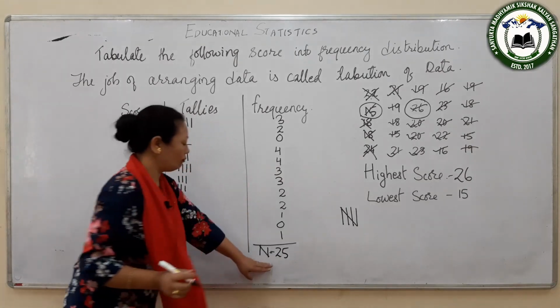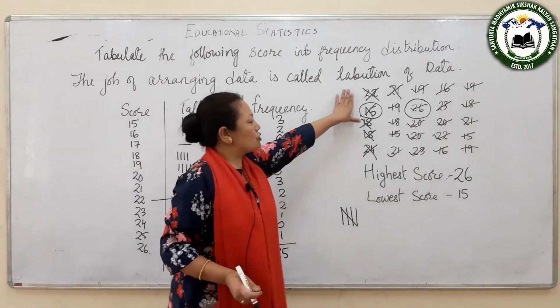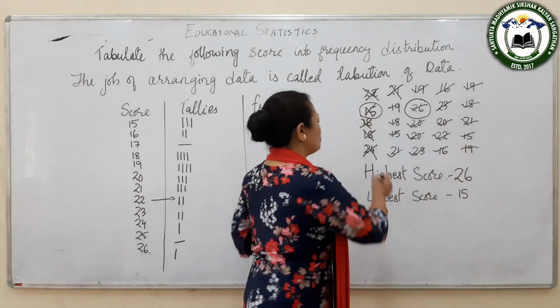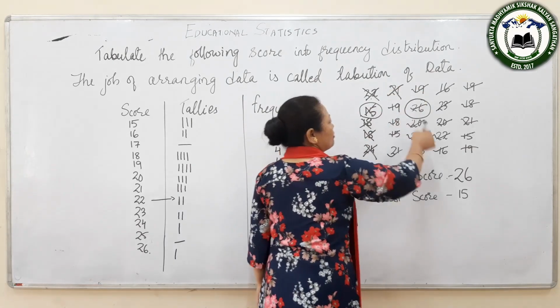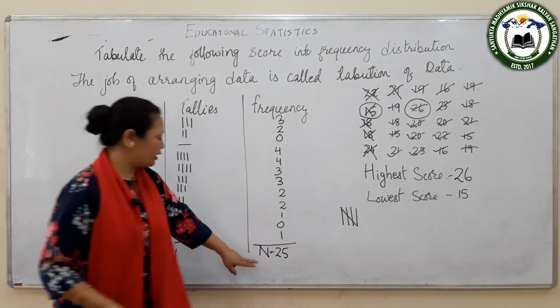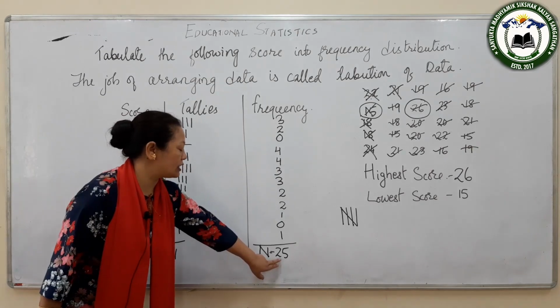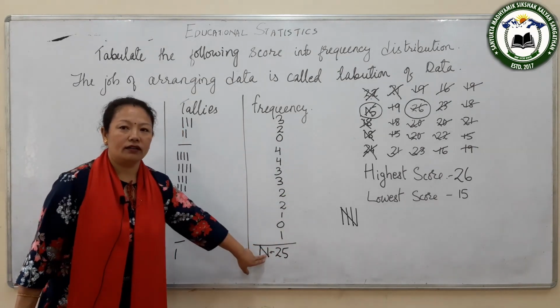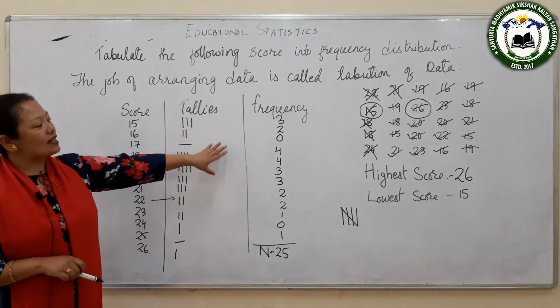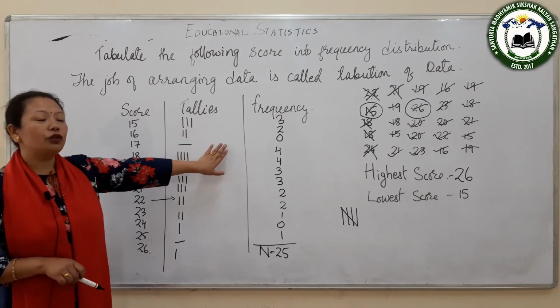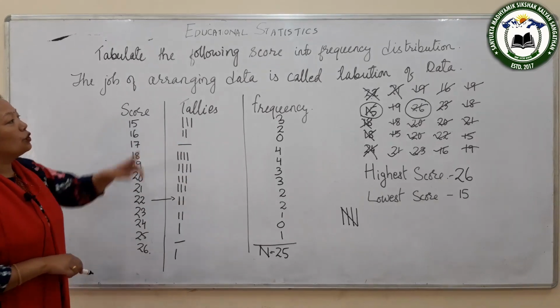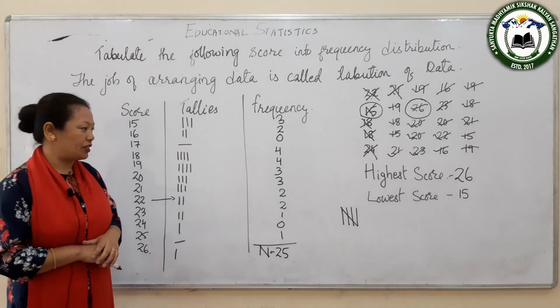Now if you count all the tallies, it will be 5, 10, 15, 20, 25. So over here is also 25. It has to be similar. Okay, so this is the way you tabulate the data through frequency distribution.